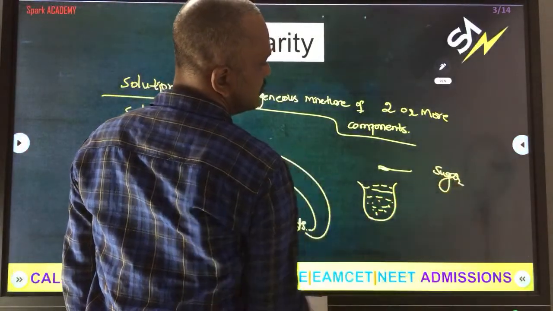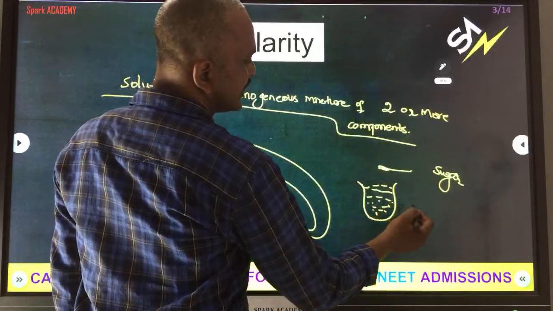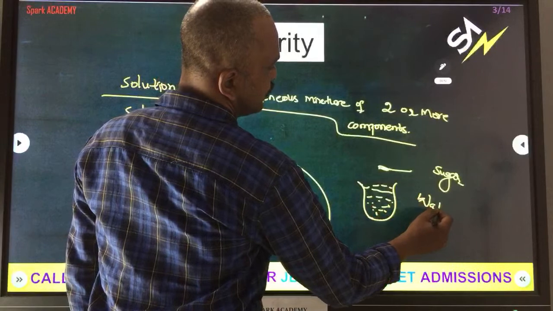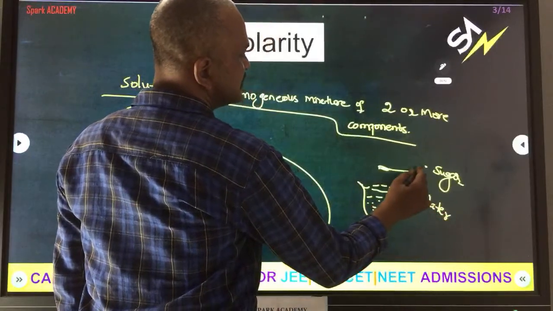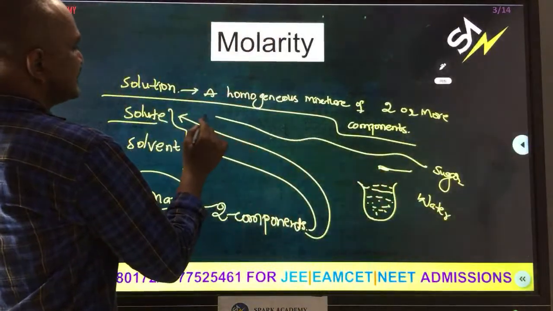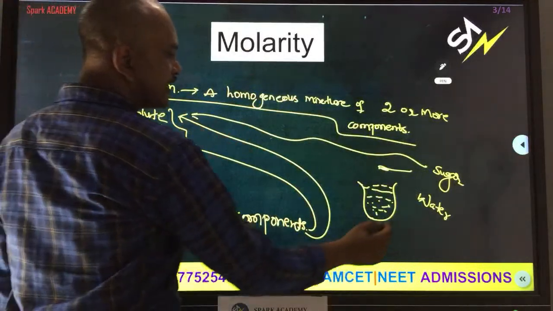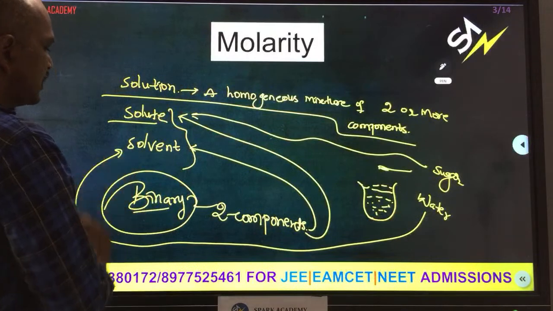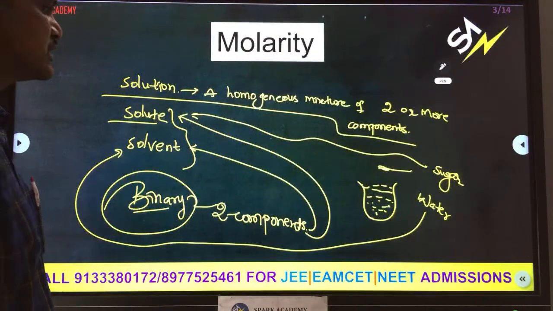Got it? And the more quantity is water. What is less in quantity? That is solute. What is more in quantity? That is solvent. Understood?